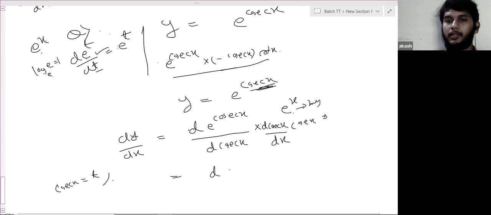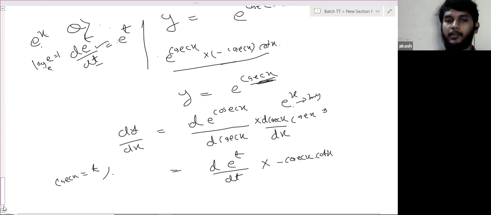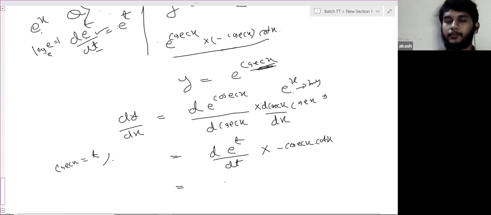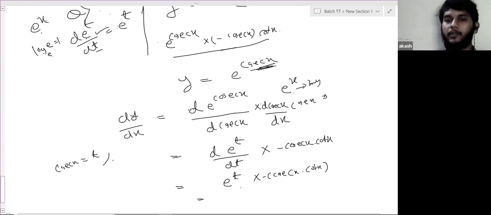So this becomes d of e raised to the power t upon dt, into the differentiation of cosec x, which is minus cosec x into cot x. And the differentiation of e raised to the power t is e raised to the power t, the same. Now put the value of t.